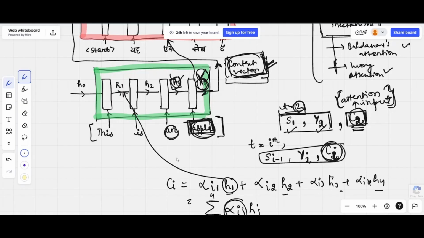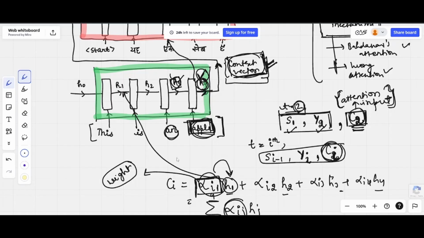Now the question is, what is this alpha i1 or alpha i2? These are weights. And what does a weight tell you? It tells you how important the term is. So if I associate this weight with h1, that implies how important my hidden state at time step t equals to 1 is.